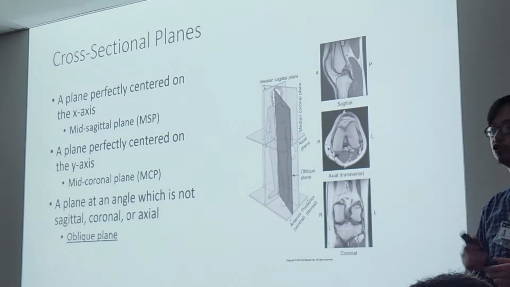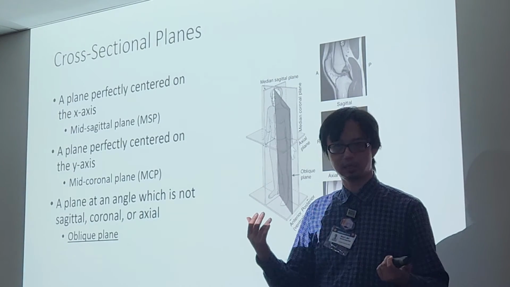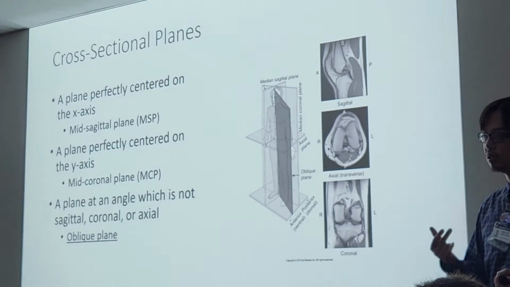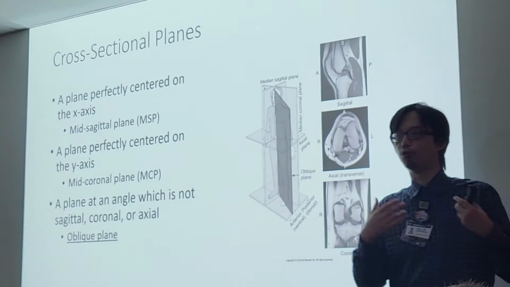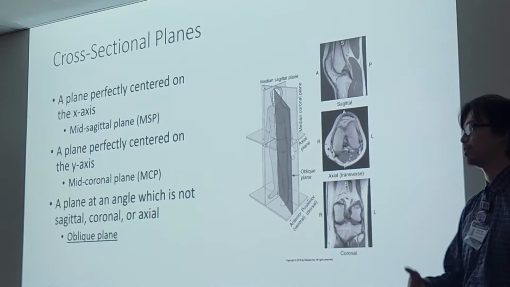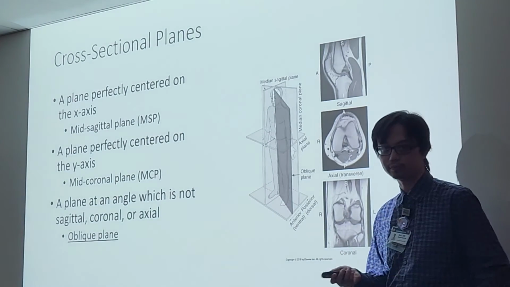And if you have a slice which is not sagittal, coronal, or axial, at some sort of weird angle, we call that oblique. Just like an X-ray, angled, so oblique.